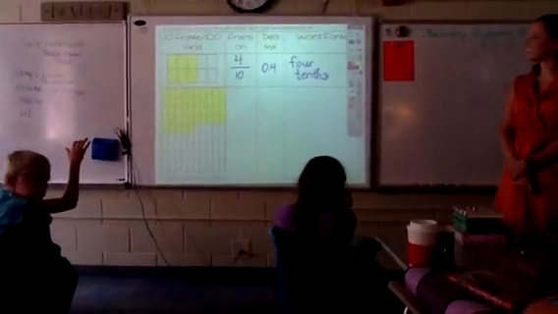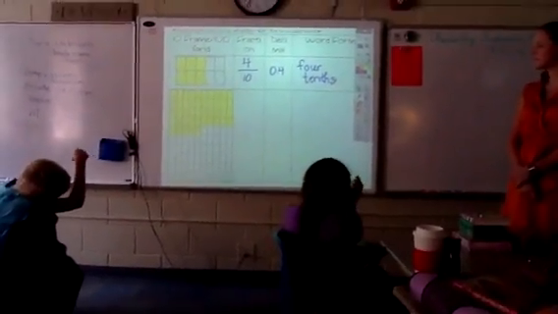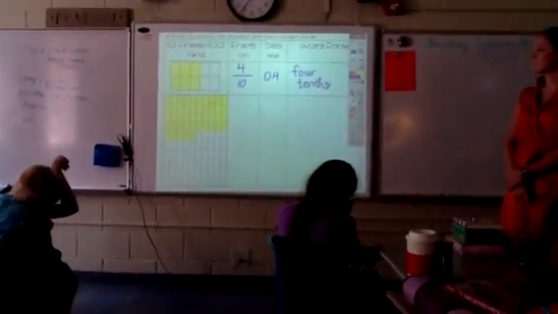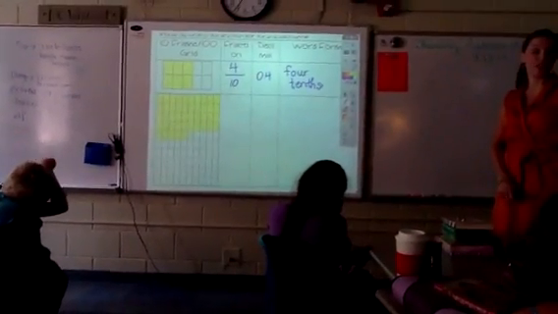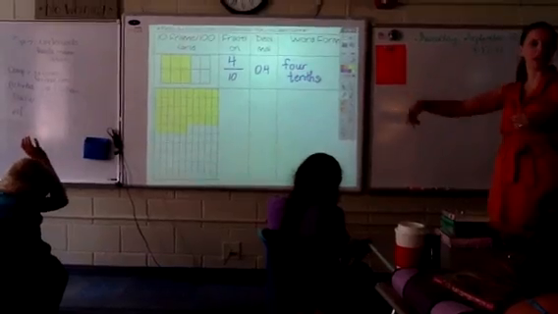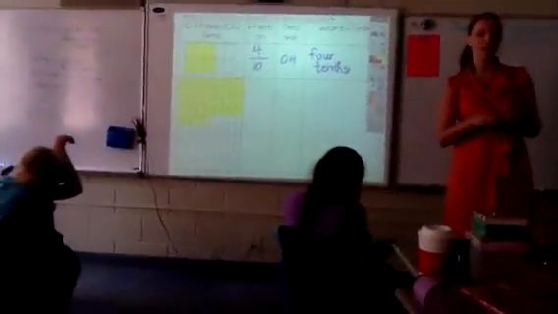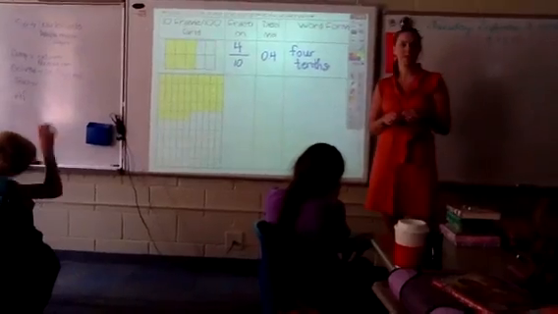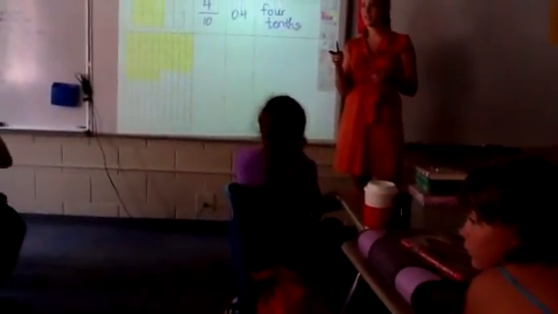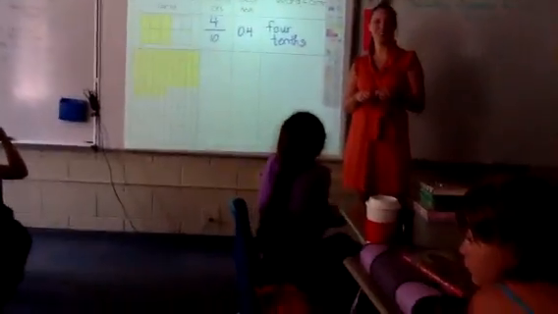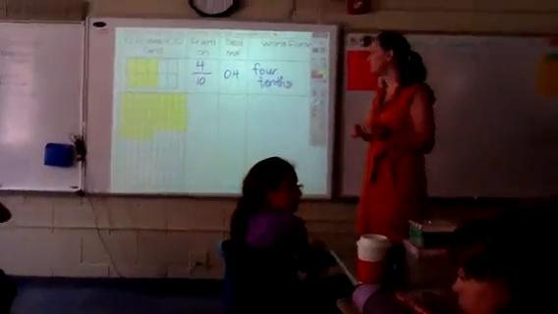Unshaded. It's okay. If 45 are shaded, how many are there in all? 100. If 45 are shaded, how many are unshaded? Does anybody know? 55. It's fine. 55. So you could do 100 minus 45 and get 55, or you could just count.